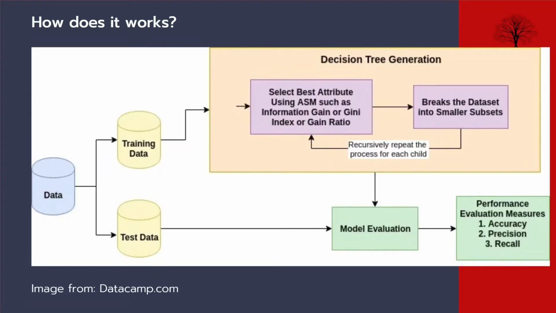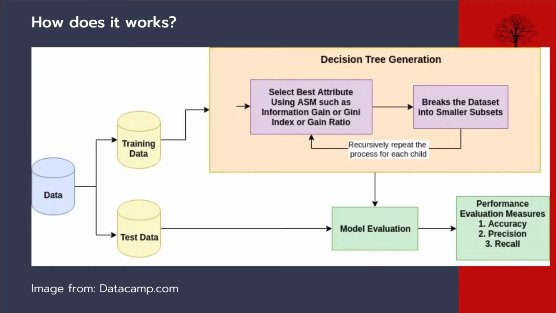And the basic idea of any decision tree algorithm is as follows. So there is a dataset, of course, like a pretty huge dataset. Then we split it into training data and testing data, trying to distribute the weight or the parameters equally.